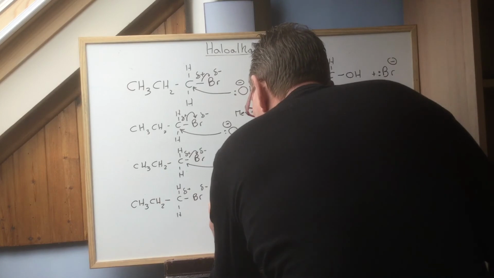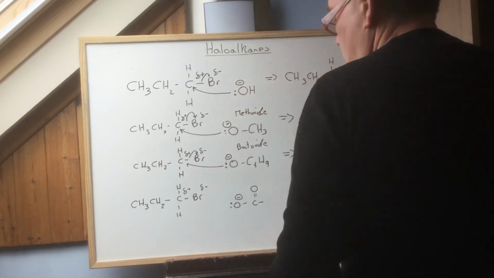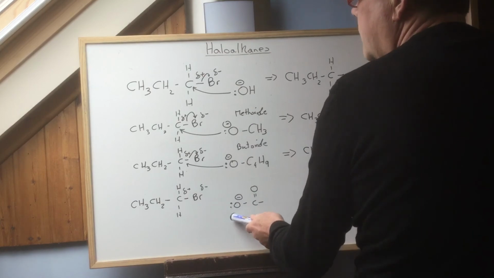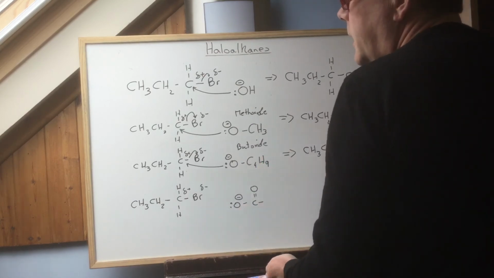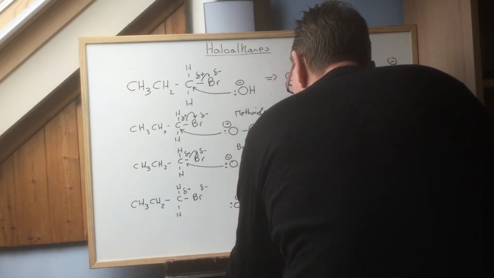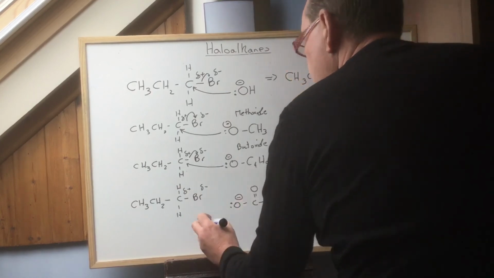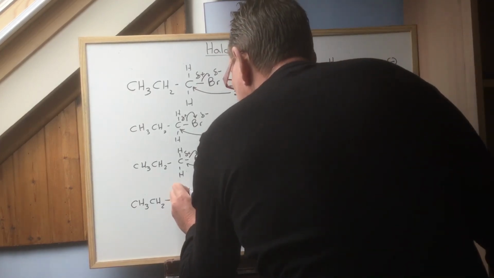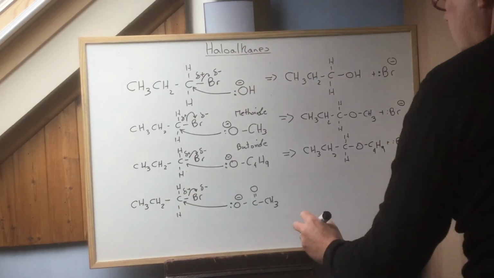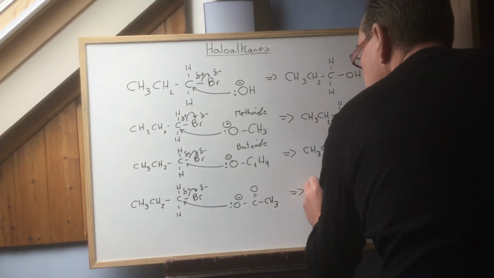Let's have a wild one. O minus C double bond O. That is a carboxylate nucleophile, probably derived from a carboxylic acid. Who cares? That can attack nucleophilically at that carbon delta plus. That bond can break and you'll end up making this.